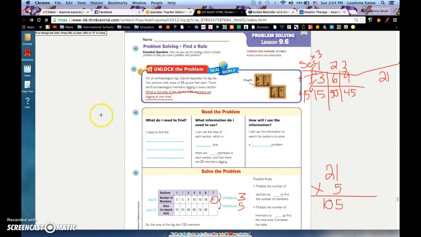Okay. So going back to the beginning, before you get confused, what do we need to find? We need to find the area if 21 people, I'm going to write PPL for people, dig, D-I-G.